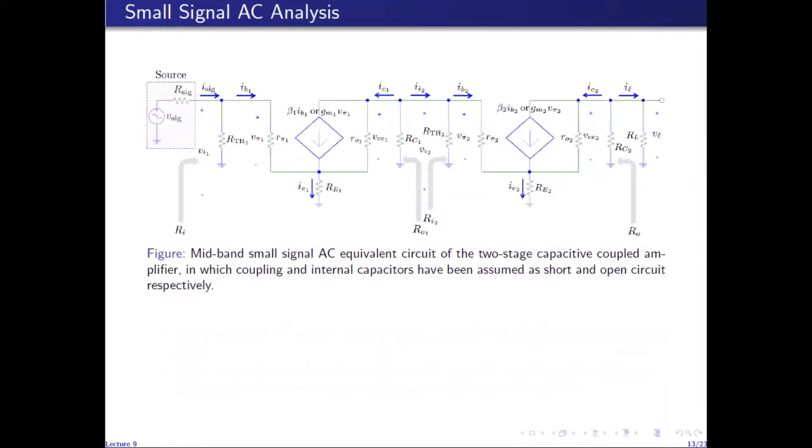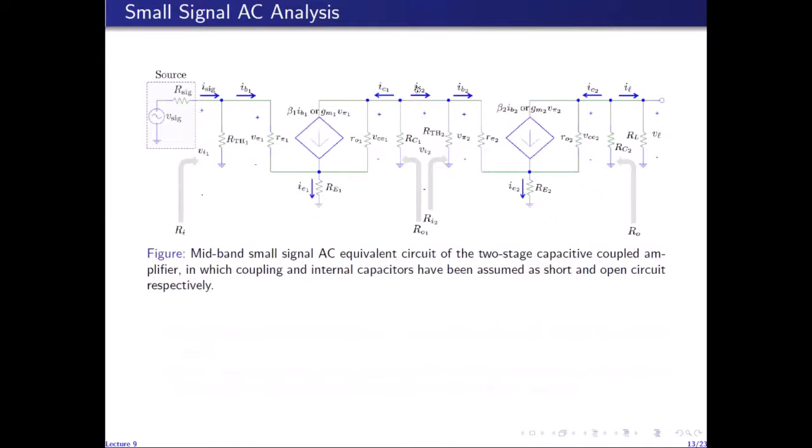Small signal AC analysis is carried out by replacing the transistors with their small signal models. Since I am analyzing this circuit in the mid-band frequency range, I have replaced the coupling capacitors with short circuits.